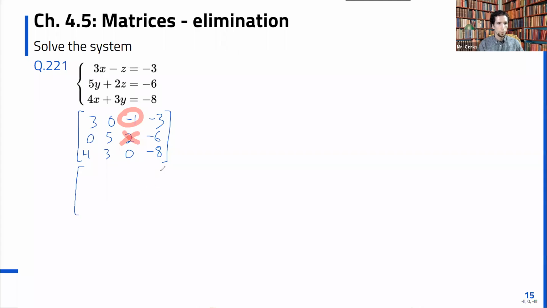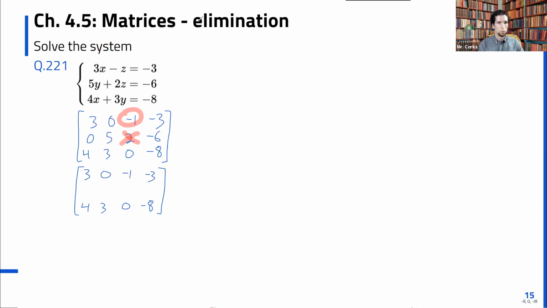So if I want to eliminate the 2 in row 2, the Z coefficient in row 2, what operation will we do? Row 2 plus 2 row 1.